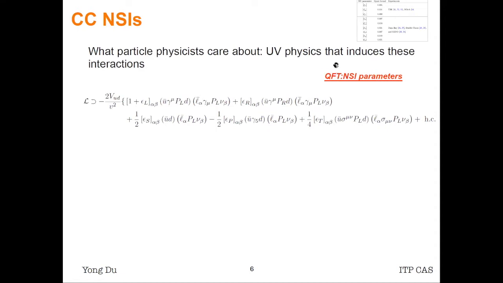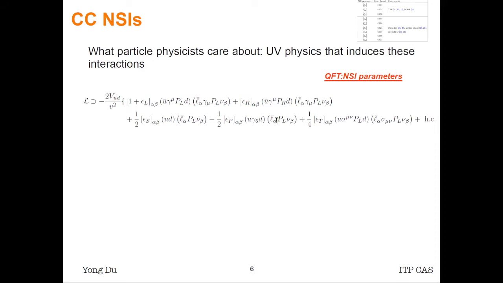Now, if we want to transfer the upper bounds on the production and detection parameters, as we showed in the last slide, onto those of the NSI parameters in the QFT formalism, we have to first find a connection between these two frameworks in the first place.